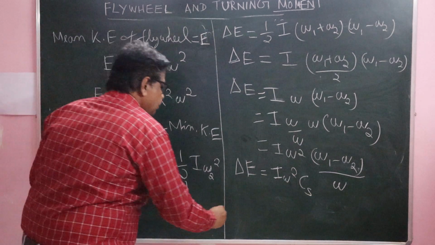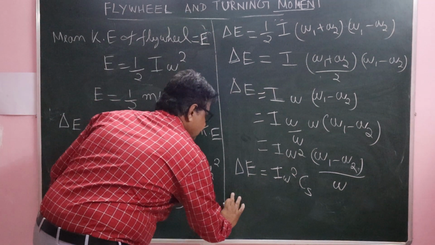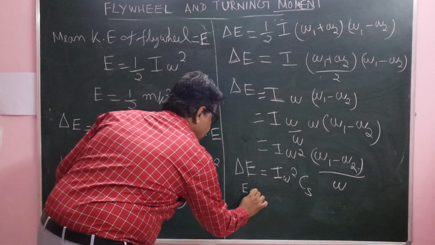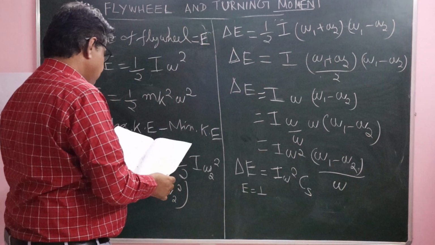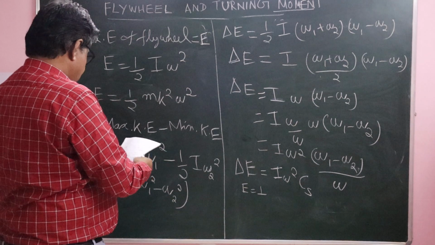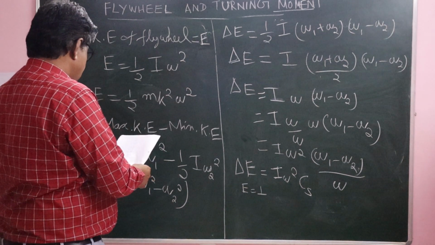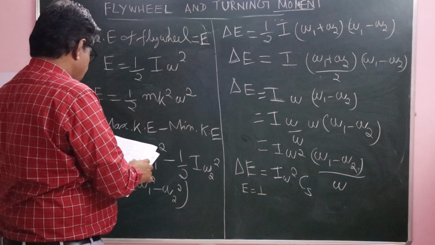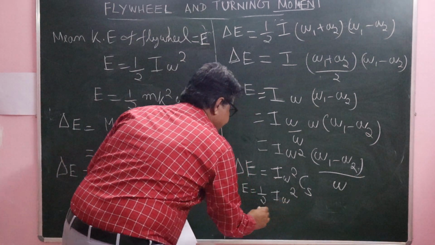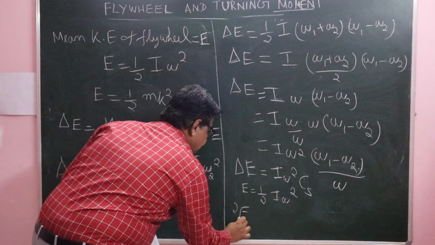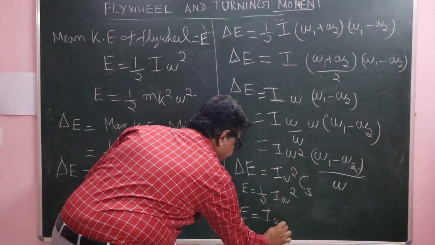We have already derived that E is equal to half I omega square. Therefore, 2E is equal to I omega square.